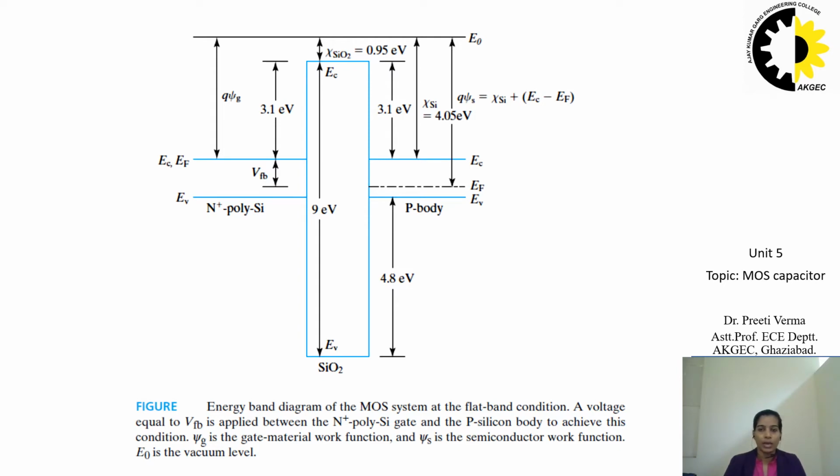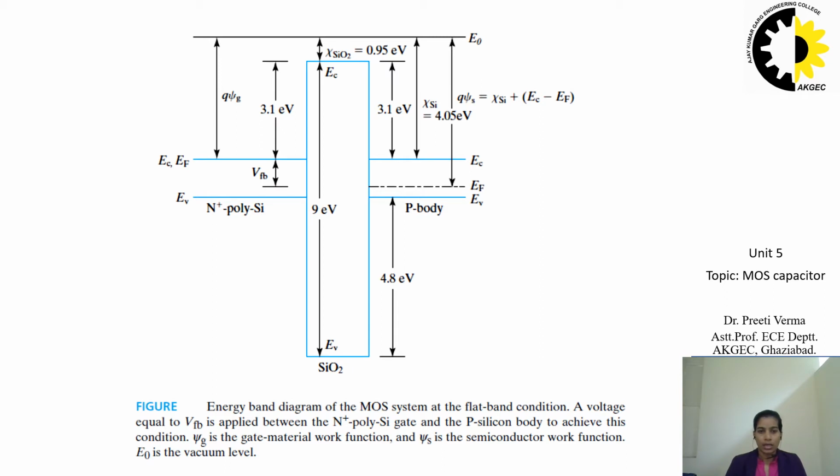This 3.1 electron volt is the Si-SiO2 electron energy barrier. The whole energy barrier is 4.8 electron volts as shown in the figure. Because of these large energy barriers, electrons and holes normally cannot pass through the SiO2 gate dielectric.